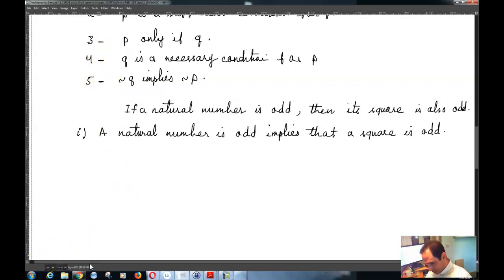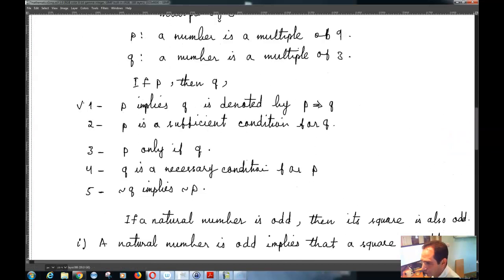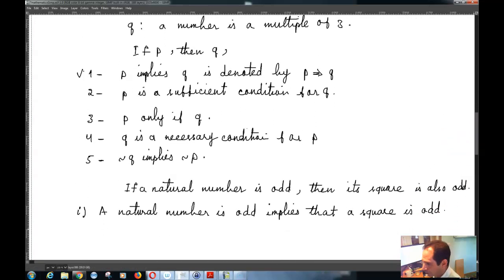Okay, so now the second way that we can understand P implies Q, basically we can say that a natural number is odd only if its square is odd. So there is basically this part which we talked about, only if. So that's basically part 3.